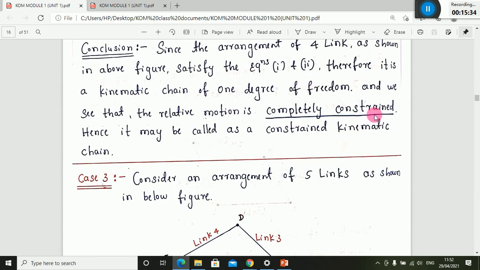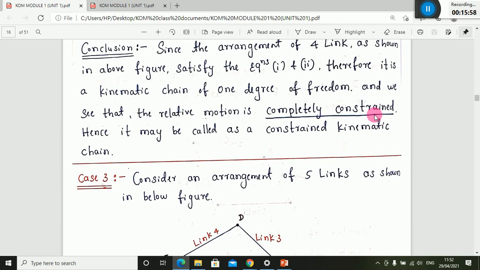Constrained means restricted. It is limited to a certain path. When you consider a fan, it will be restricted to rotate only. And when you consider the motion of a railway train, it is restricted to move on only the tracks, not on the roads.